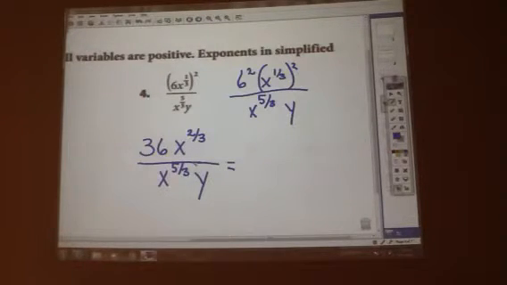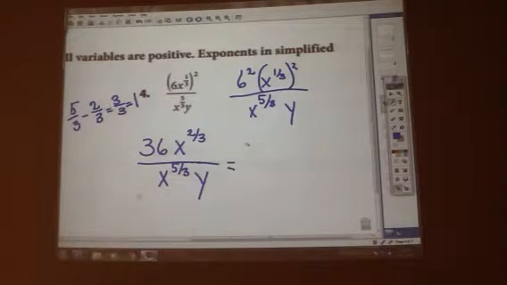What do I do with my exponents when I divide? Subtract. So I have to just subtract 5/3 minus 2/3, which equals 3/3, which equals 1. So it's x to the first power.